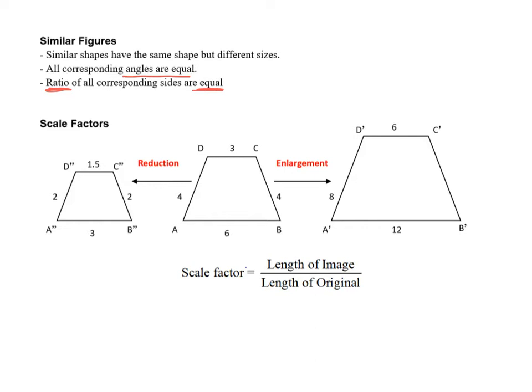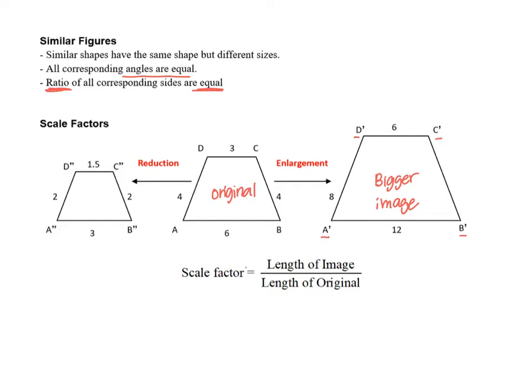So I have my original one, A, B, C, D, and now A matches with A prime, B with B prime, C with C prime, and D with D prime. So it now becomes a bigger image. So this means from small, I change to become big, I will have an enlargement.